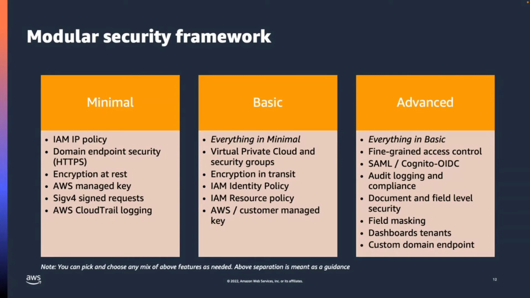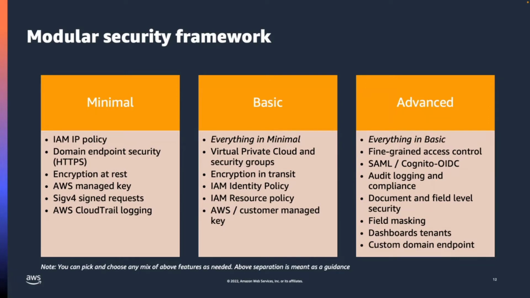There are two more policies you can now use with your VPC domains: an IAM identity policy and an IAM resource policy. Identity policies help you specify what principals can access a service. They are oriented around a principal and what actions they can take. Then there are IAM resource policies, also known as domain access policies within Amazon OpenSearch Service.